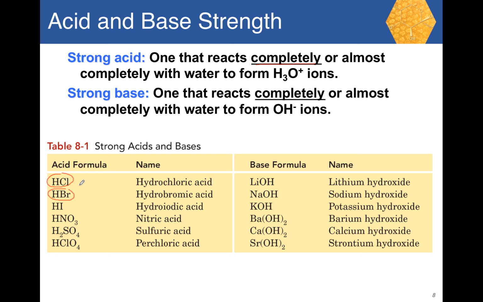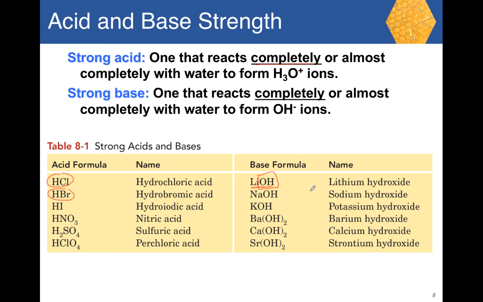So if that information is given, you can tell that it will dissociate 100% or almost in water to give the ions. Same for the base. A strong base will dissolve in water to give the OH negative anion, hydroxide ions.